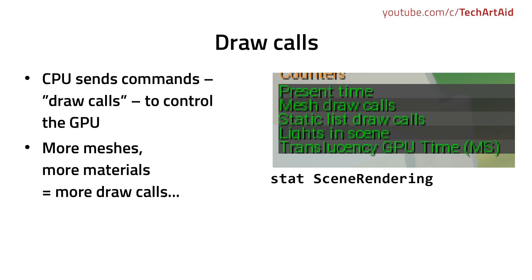Because if you want to draw a triangle set with a different material, a different shader, you have to dispatch a command from the CPU first, which then goes through the driver, only then is translated, and only then is submitted to the GPU. So having a lot of materials and a lot of different separate objects is a lot of work for the CPU. You can check your amount of draw calls by pressing tilde and entering stat scene rendering.